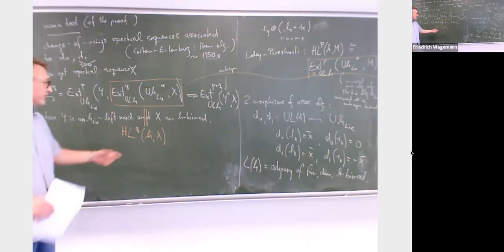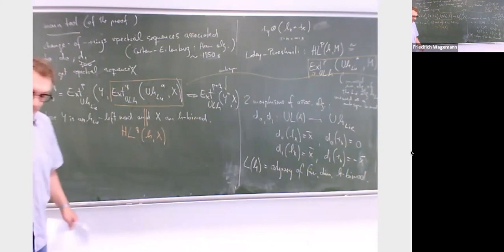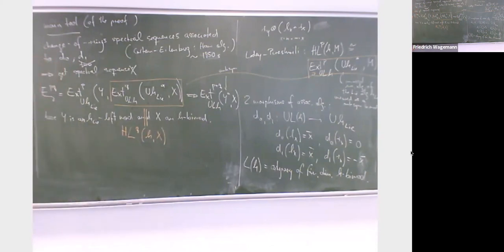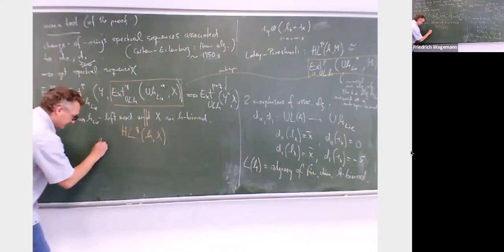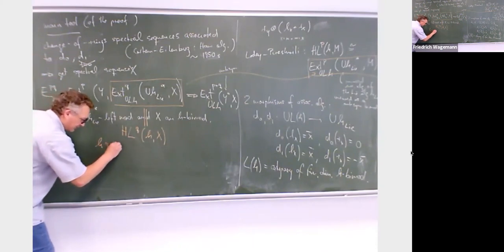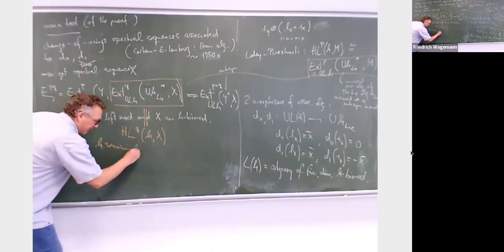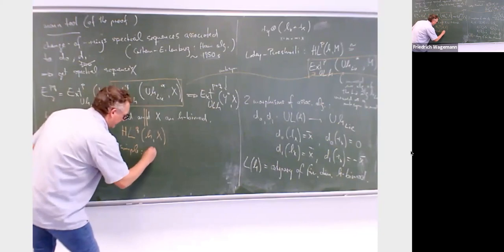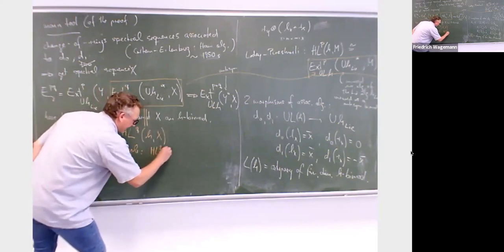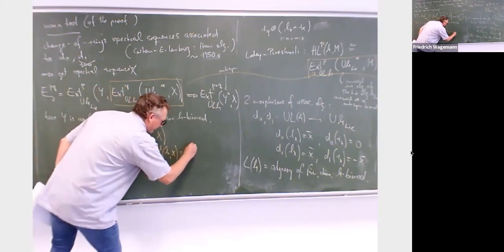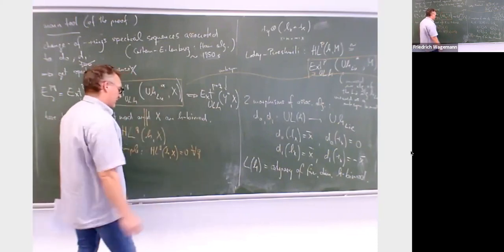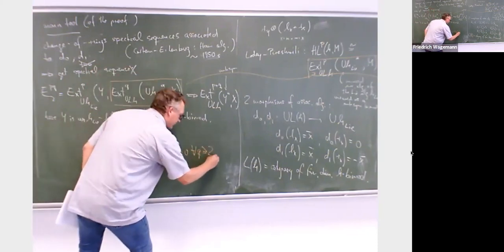Because our theorem shows that for H semisimple, HL^q of H, X is 0 for all q greater or equal to 2.